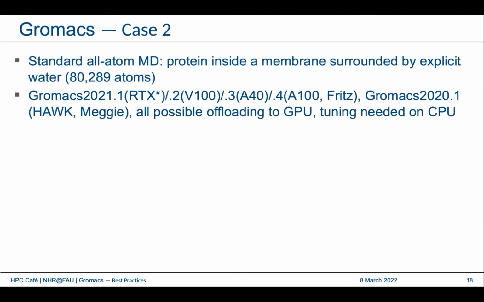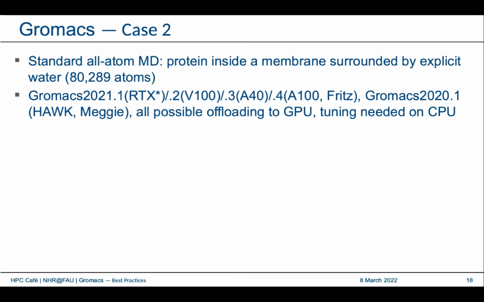Let's look at another case. This is also a protein in a membrane surrounded by explicit water. And I benchmarked it on GPUs and CPUs. We again offload every possible calculation to the GPU.